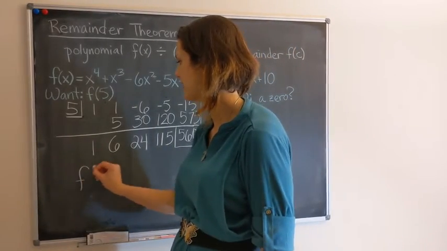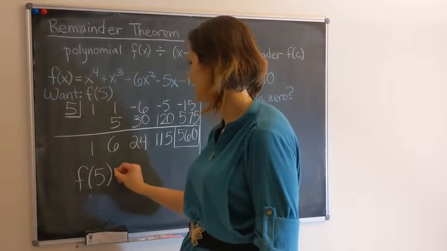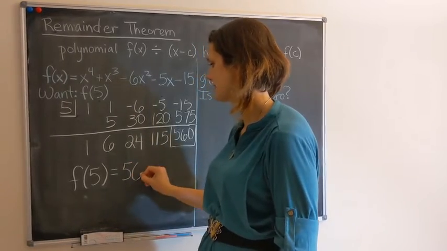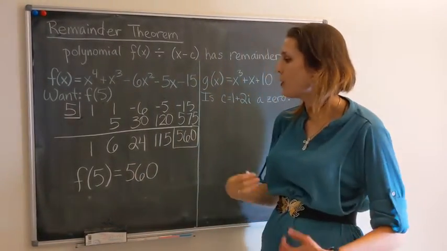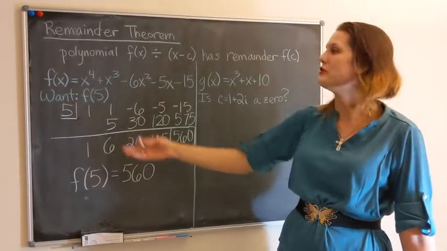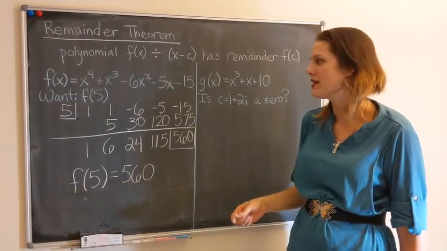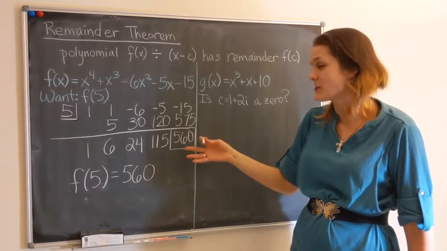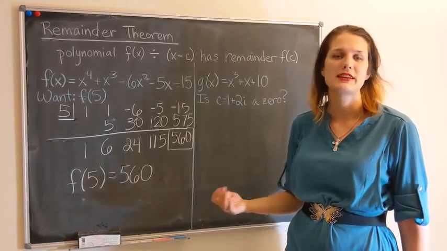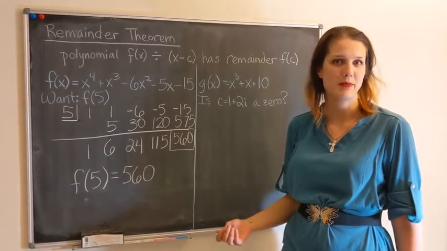This tells us that f of 5 is equal to 560. Hopefully that's the same thing that you got when you plugged in 5 into f of x, but this definitely is a lot faster and takes a lot less arithmetic.